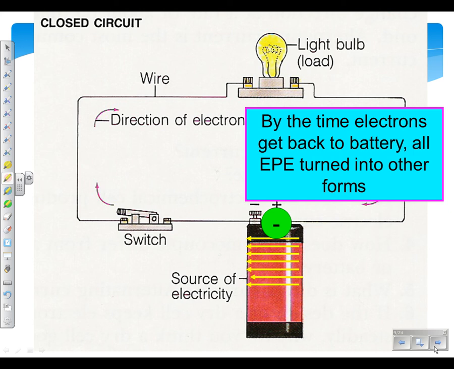It does work on those charges and then increases their electric potential energy again. That would be the equivalent of me doing what? Bending over, picking the ball back up, and reaching up, putting it back up in the sky. And do it again. Do it again. Do it again.